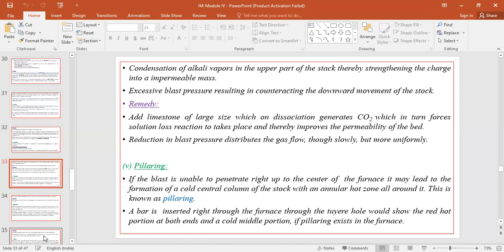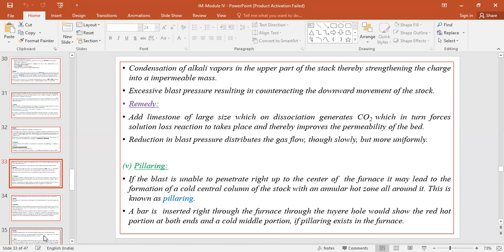And the remedy is you should add limestone of large size, because on dissociation it will form CO2. The CaCO3 dissociation takes place somewhere at around 1000 to 1100 degrees centigrade, which is actually an endothermic reaction, so it absorbs that heat.